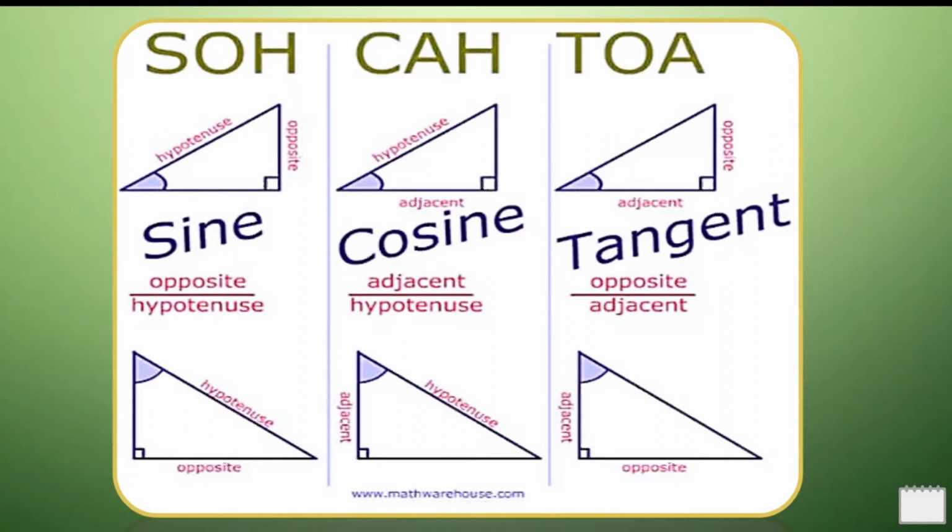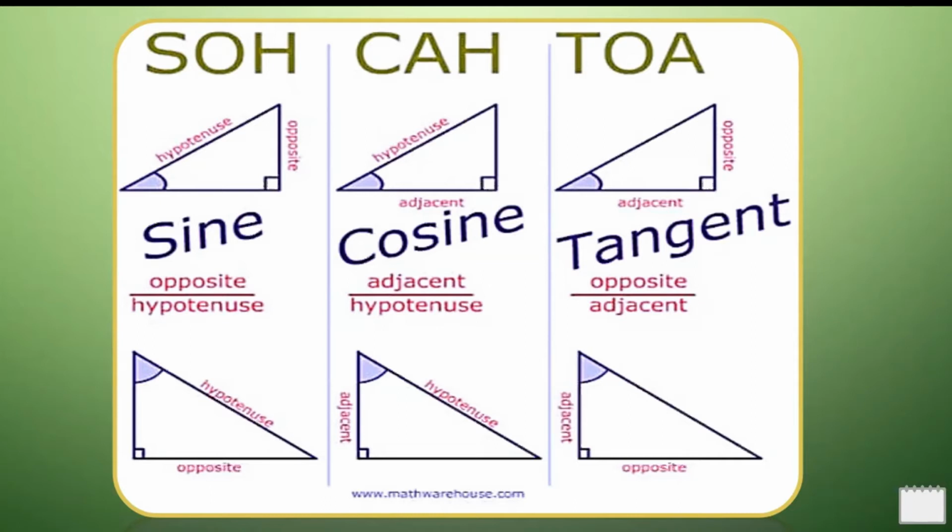In that way, you remember the different sides of the triangle you need to use for the different ratios. So let's try to say it together. Some old horses can always hear their owner approaching.